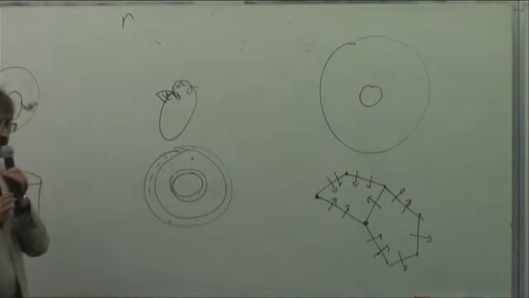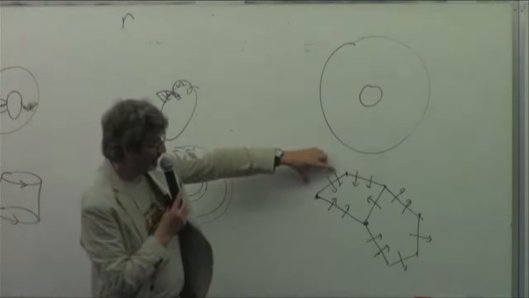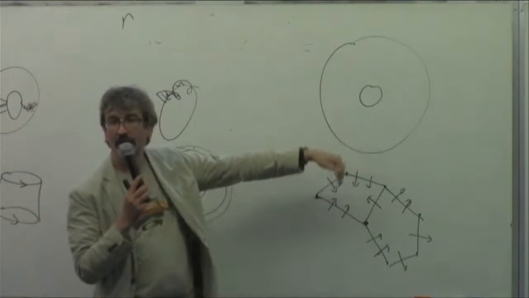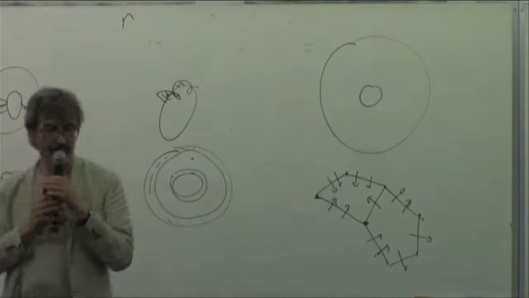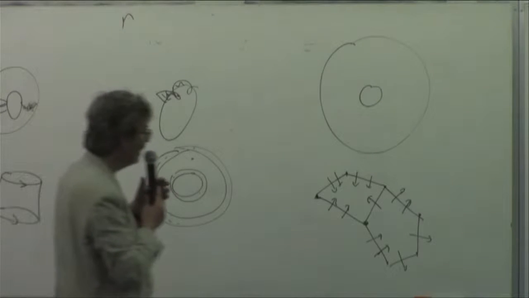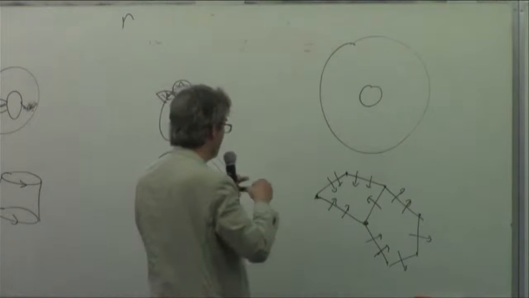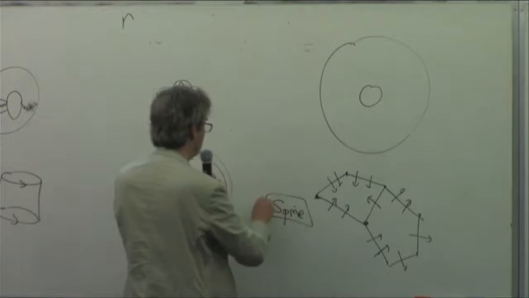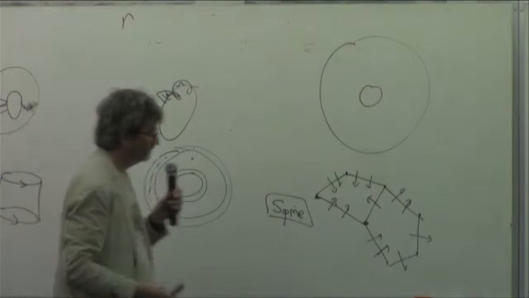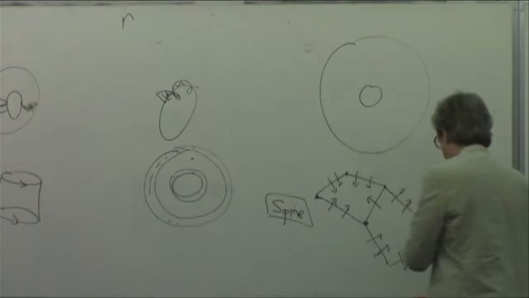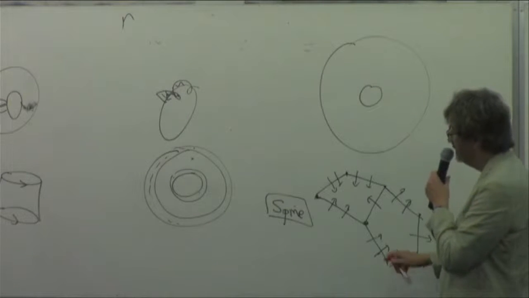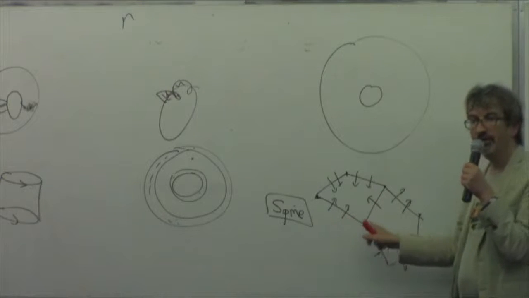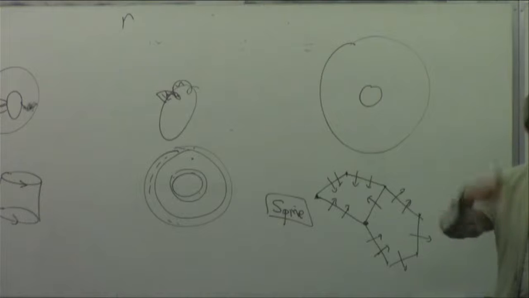Each of these is a Birkhoff annulus, transverse to the flow. I indicate here the way the flow is going. And here is what we would call a spine. So it must be understood that a Birkhoff annulus is embedded in the interior, but not at the boundary. It may wrap several times along the periodic orbit.